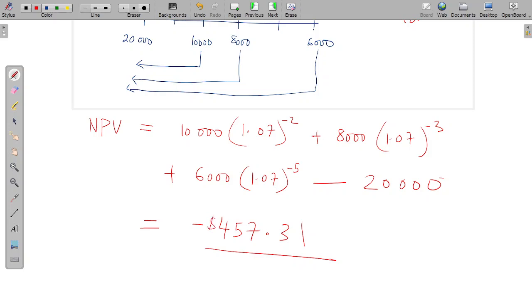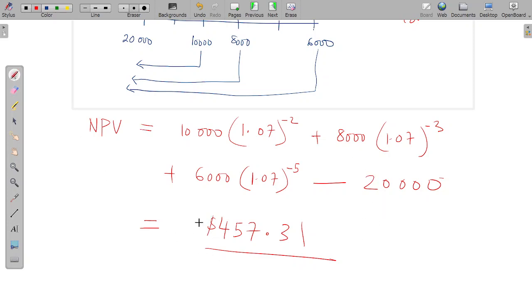In dollars, this negative is very important. Whenever we are dealing with cash flow, either we are using our financial calculator or the normal formula, the sign is very important to us. We want to know if this is positive or negative. So don't just write the answer without the sign, except if it is positive, then you can do away with the sign.